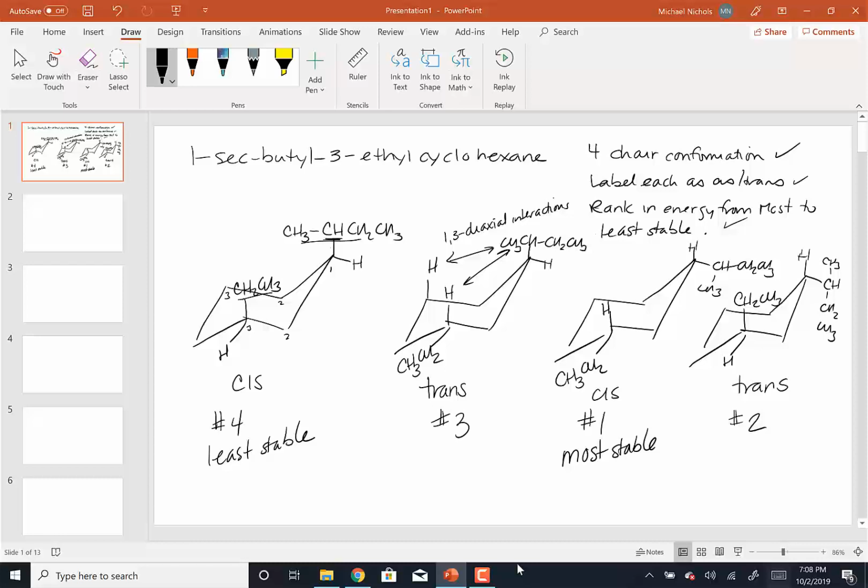But this is how we would analyze a cyclohexane molecule at chair conformations. And just a word of warning, you need to know your alkyl groups, because if you don't, you're not going to be answering my problem. You're going to be answering a problem that you make up, and I don't grade those.